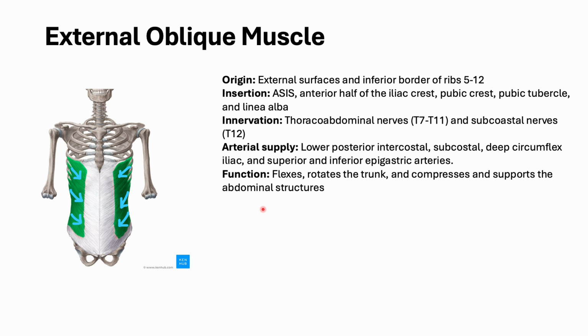So the lower posterior intercostal, subcostal, deep circumflex iliac, and superior and inferior epigastric arteries. And then the function is going to be similar for this one to all the rest, which is flexing, rotating the trunk, and compressing and supporting the abdominal structures.